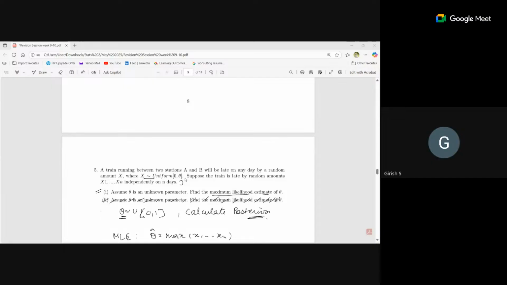Ma'am, could you explain that MLE part for 1 by B minus A again? Because in maximum likelihood, we wanted to maximize 1 by B minus A power n, right? So in that case, B minus A power n should be minimized, right? Okay.